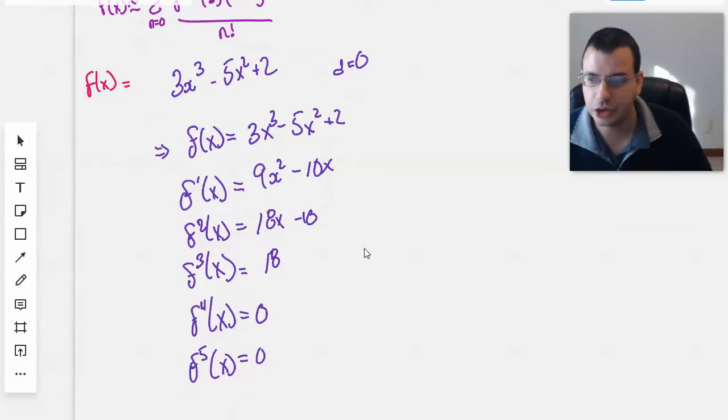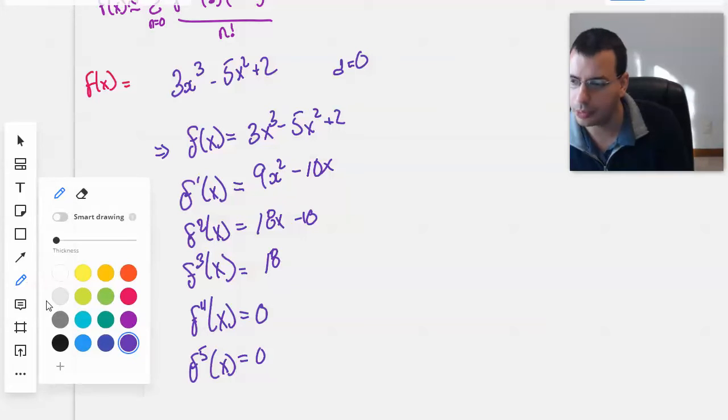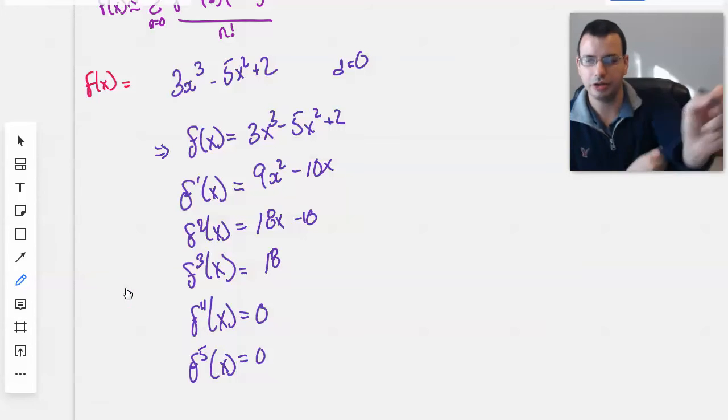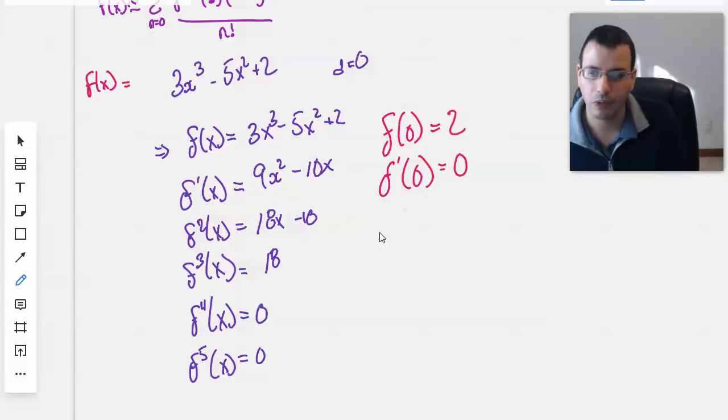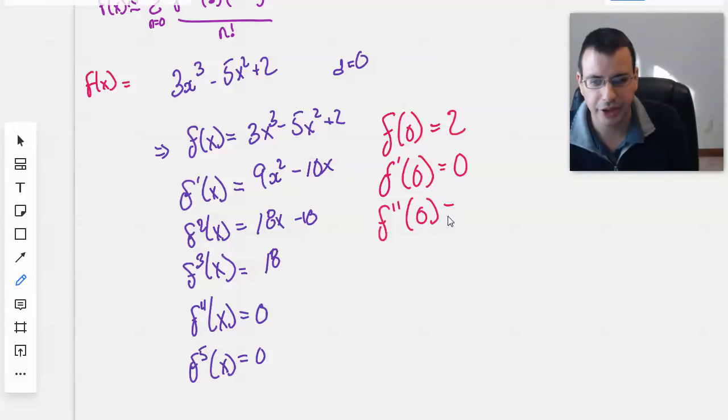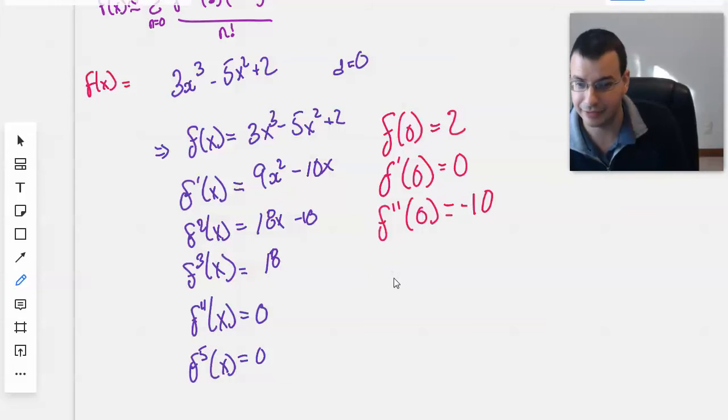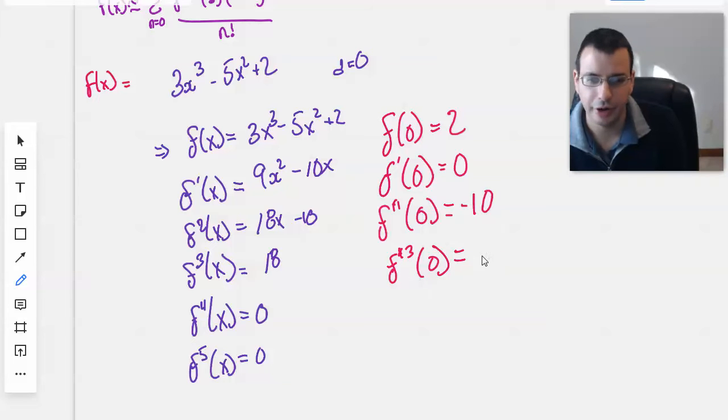Okay, and now we need to change colors. We don't actually need to change colors, but it soothes my soul. I think this one will equal 10. Negative 10. Good catch, guys. I know, my notation is terrible. And then after the fourth is 0.